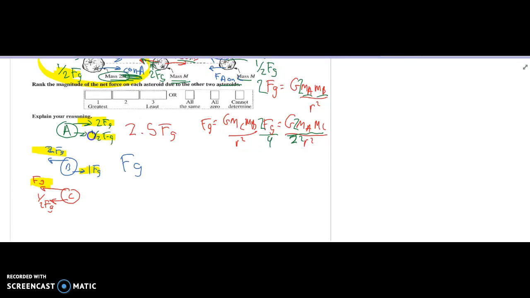And again, Newton's third law, this force is equal and opposite to this one. So here I have Fg plus 1/2 Fg, so that is going to give me 1.5 Fg. So my ranking is going to be A is greater than C, which is greater than B.